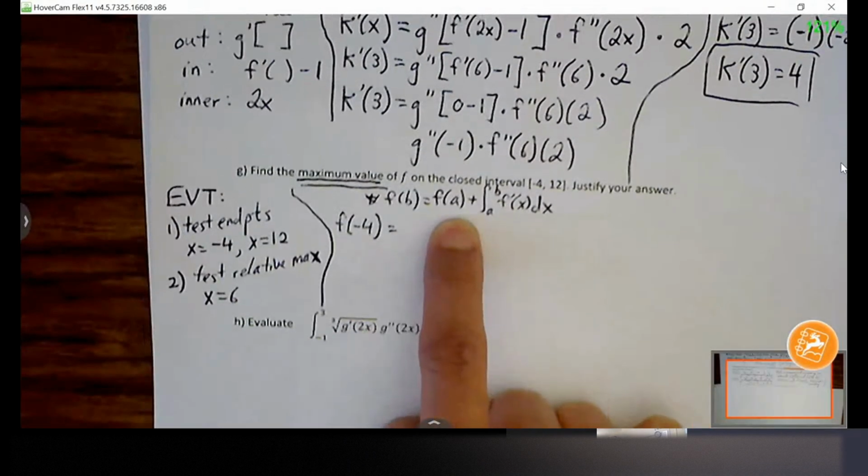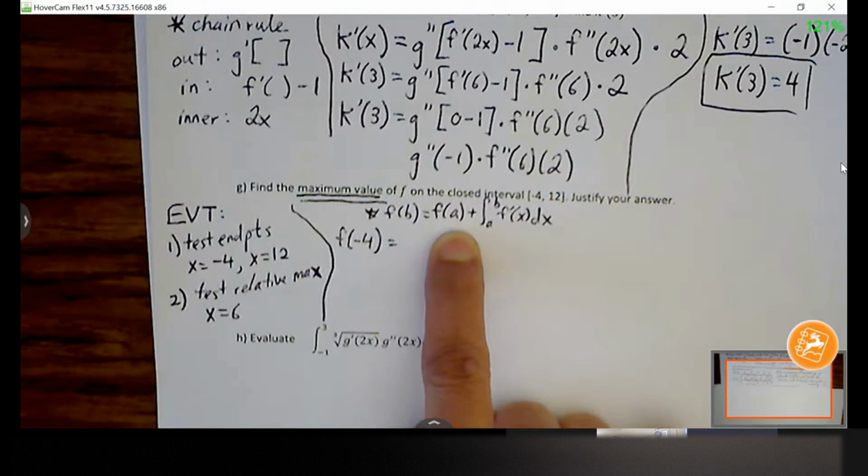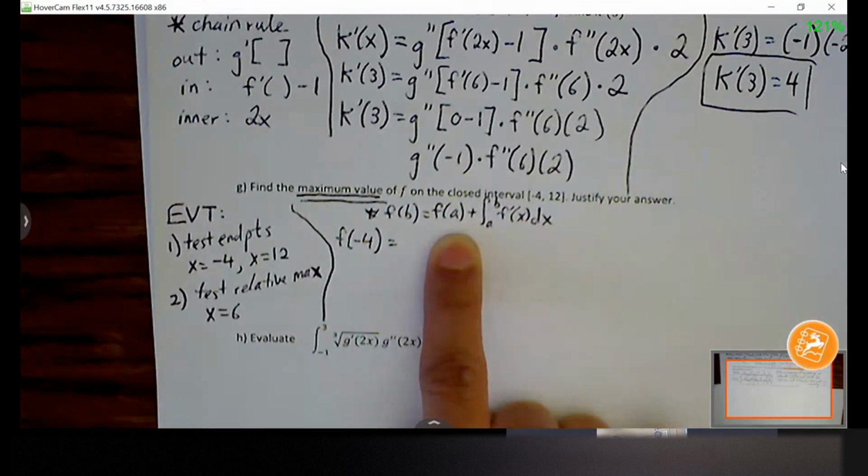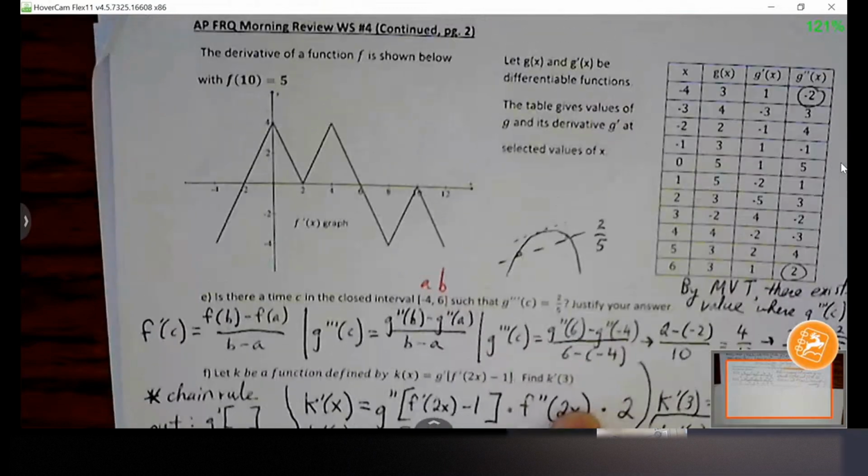All right, so what's my f of a? What's the starting point that we can use? f of 10. There we go.